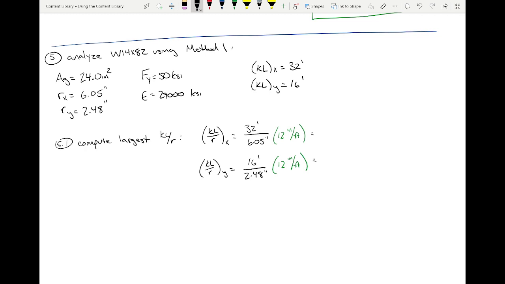So what do we get for KL over R in the X direction? 63.471, something like that. How about for the y-axis?